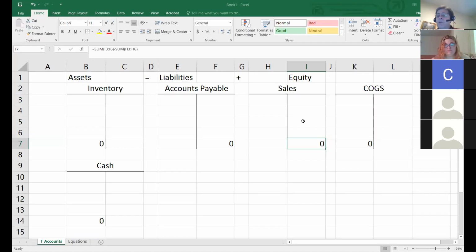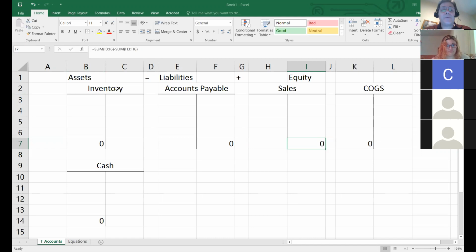Can't just toggle. All right, so this is an Excel spreadsheet, and I don't know if any of you have done this before, but these are what we refer to as T accounts, right? And I just like to draw them in Excel. I just use the border function if you like to set up anything like this.